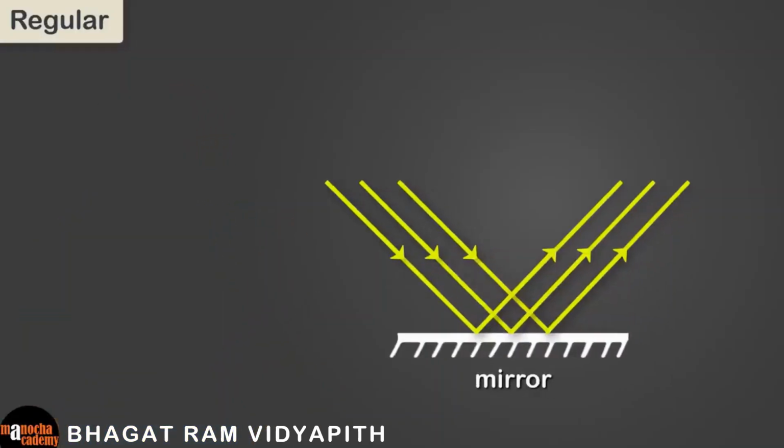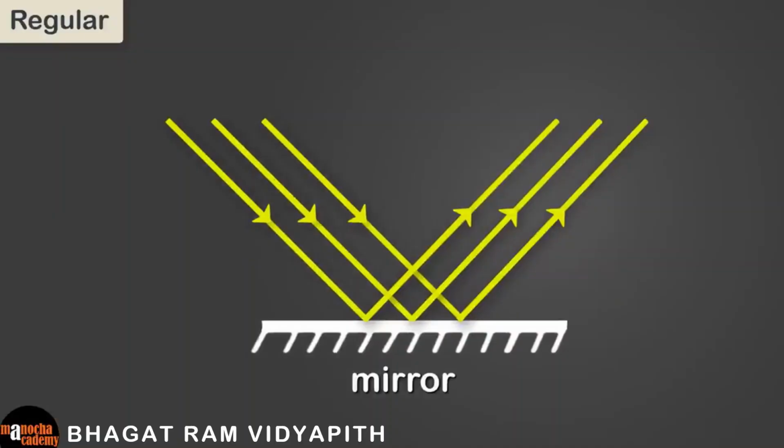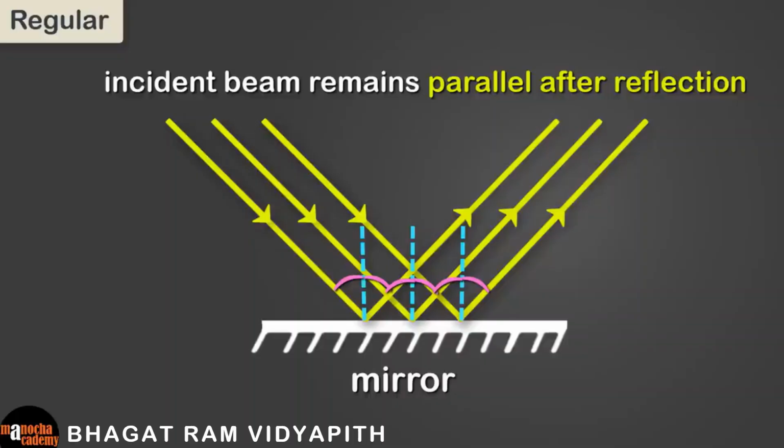So if you look closely, you can see that all the rays in the beam have the same angle of incidence. And following the laws of reflection, all the rays will have the same angle of reflection. So the incident beam remains parallel even after reflection.